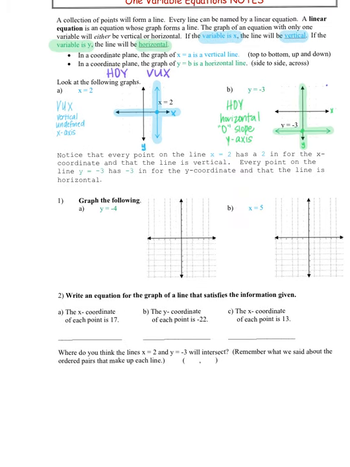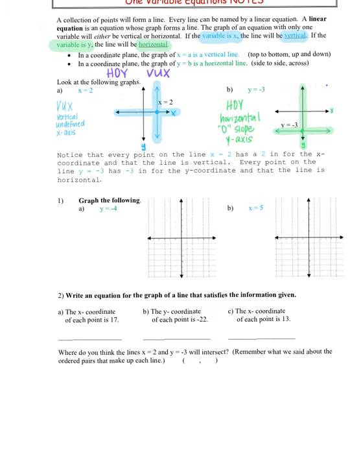So notice that every point on the line x equals 2 has a 2 for the x coordinate, and it's the line that is vertical. Every point on the line y equals -3 has -3 for the y coordinate, and the line is horizontal.